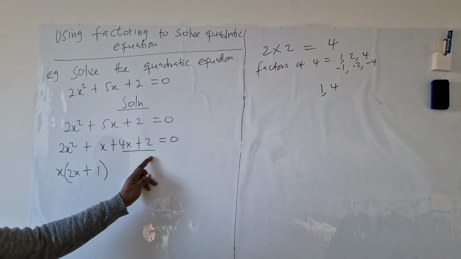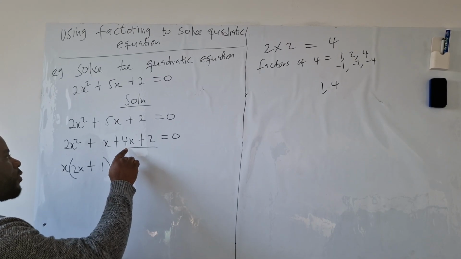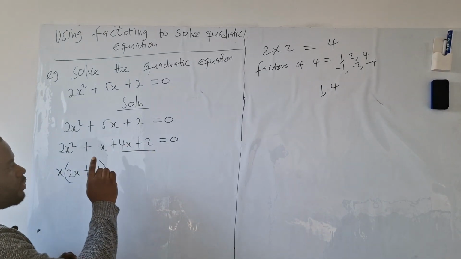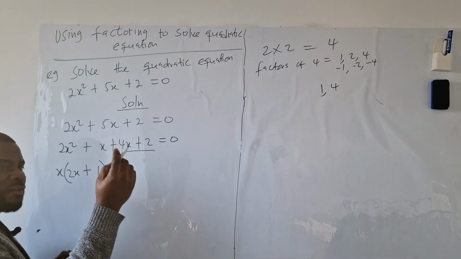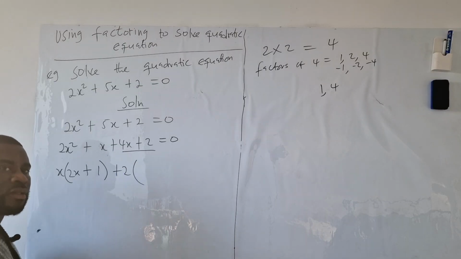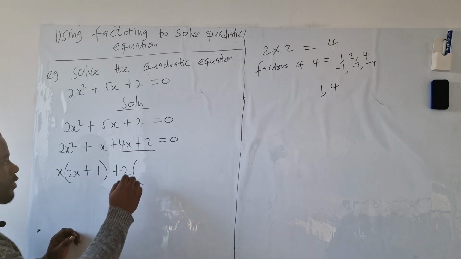Now let's also factorize these last 2 terms here. We look for the common factor between 4x and then 2. Obviously, 2 is a factor of itself and 2 is a factor of 4. So the common factor is positive 2 will come out. Then what we multiply by 2 to give 4x, that is 2x.